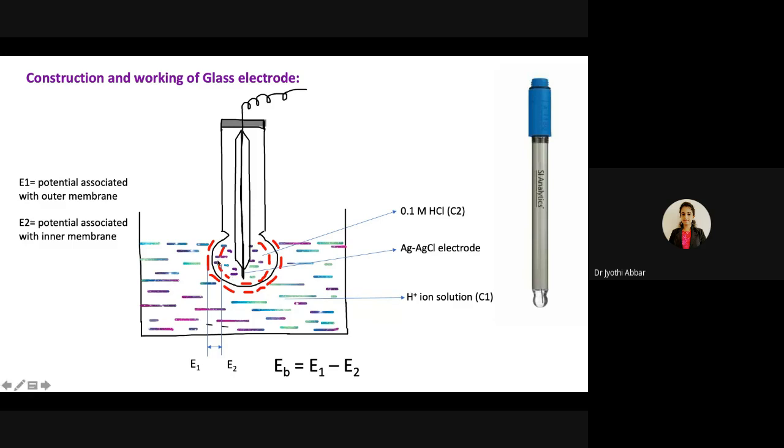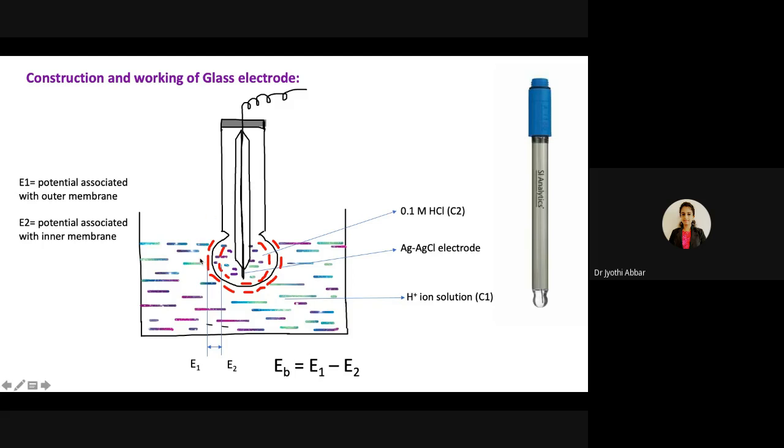So the overall chemical composition of this glass membrane is approximately 22% of Na2O, sodium oxide, 6% of calcium oxide, CaO, and 72% of SiO2, silicon dioxide.